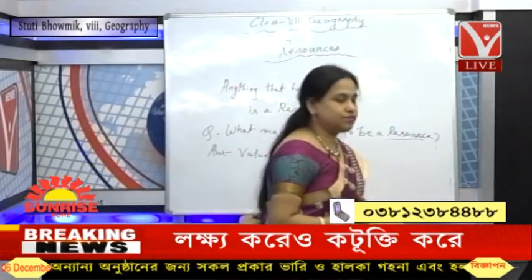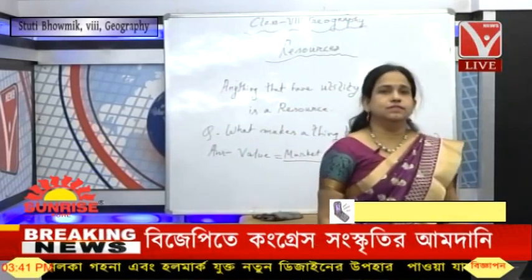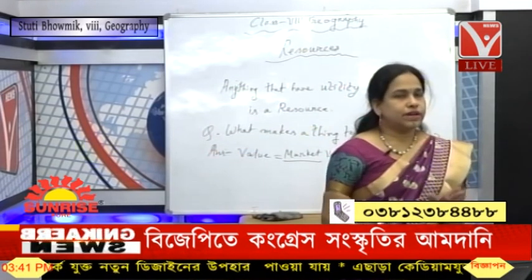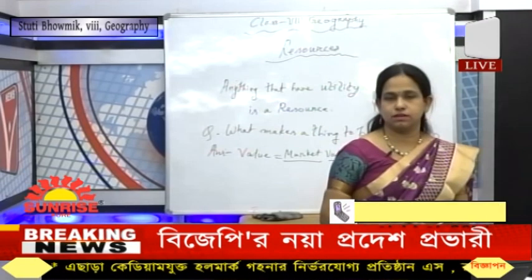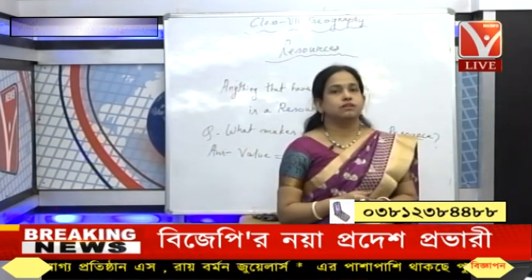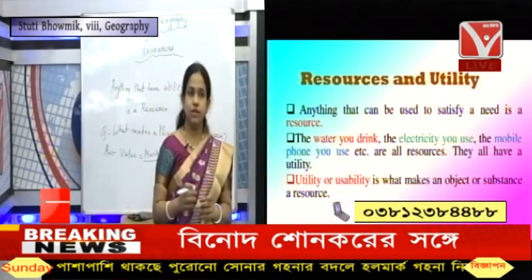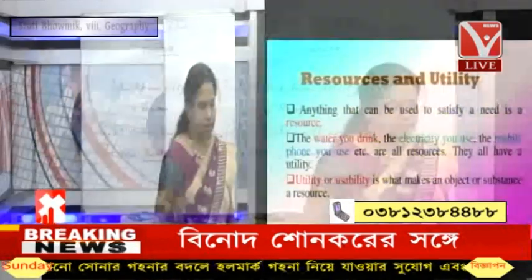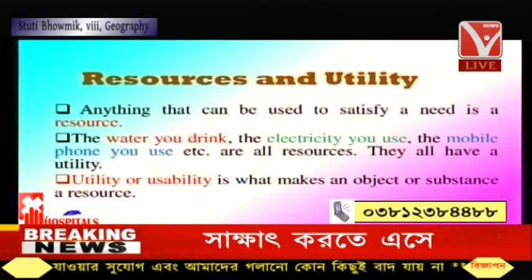So we go forward with the chapter. Whatever we just discussed about the concept of a resource will come onto your screen, in accordance with your text. You can see here, anything that can be used to satisfy a need is a resource.